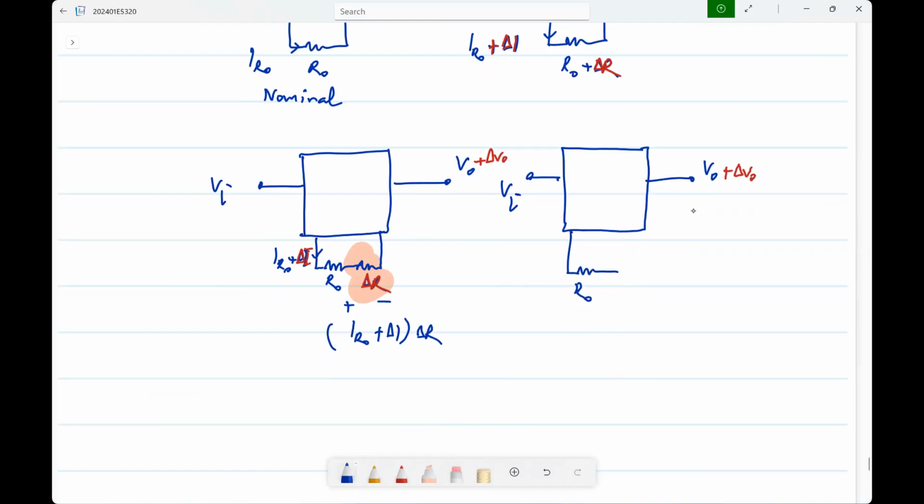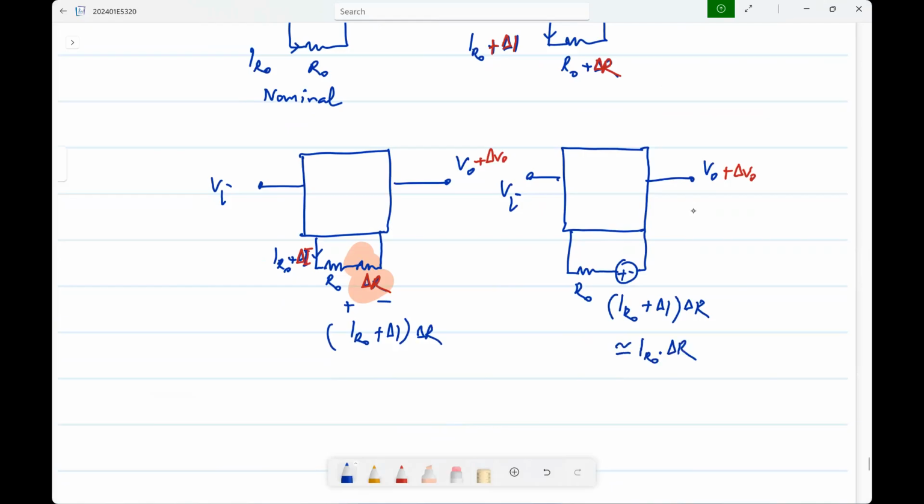I have R naught and this voltage will be IR naught plus delta I times delta R. Now this delta I times delta R product, these are the things that you neglect in first order analysis, right? Both are small changes, product of small changes. So this is approximately IR naught times delta R.